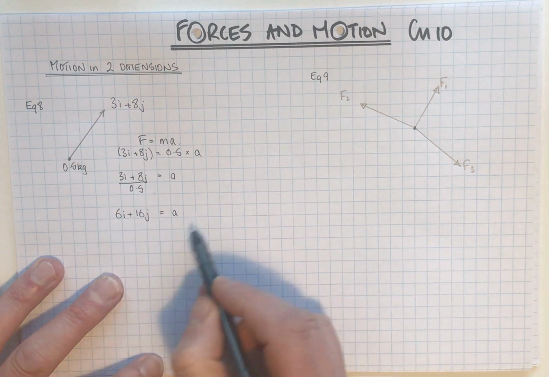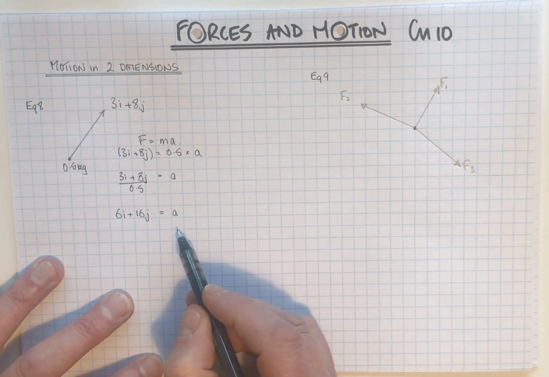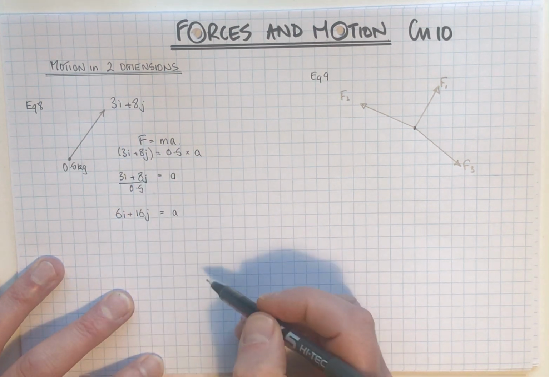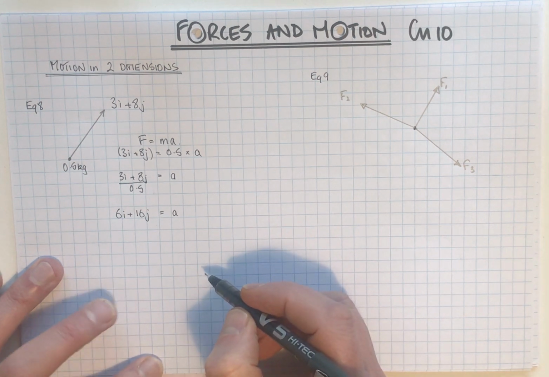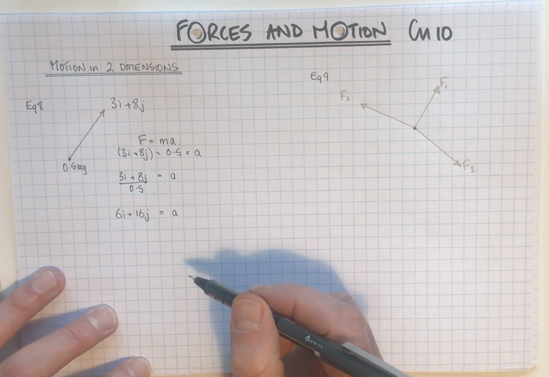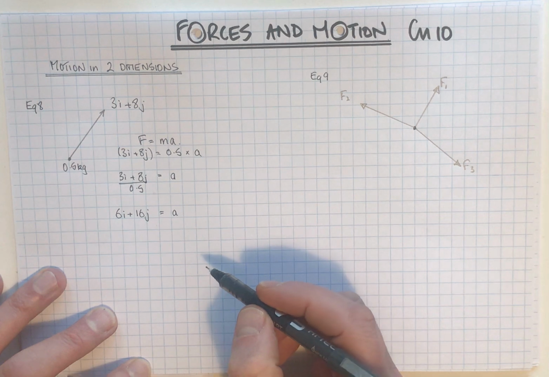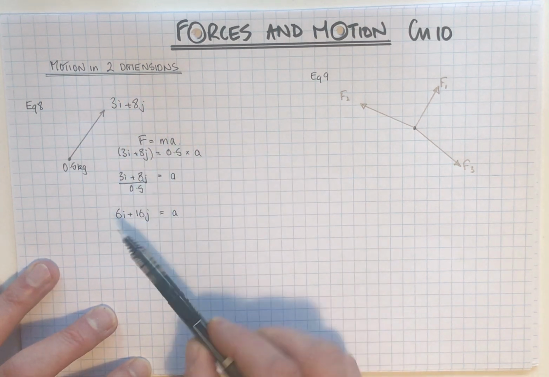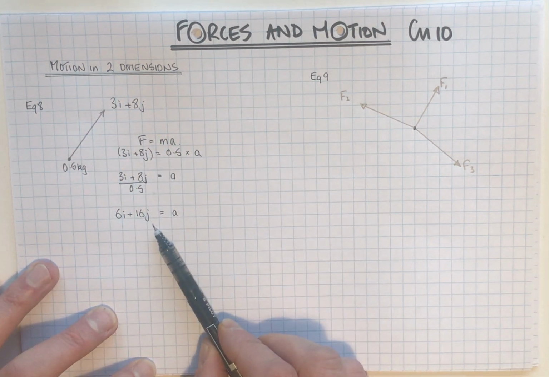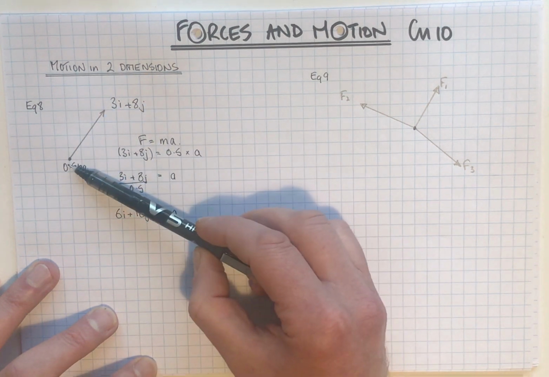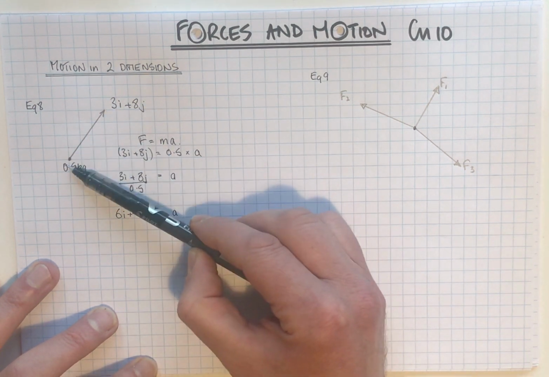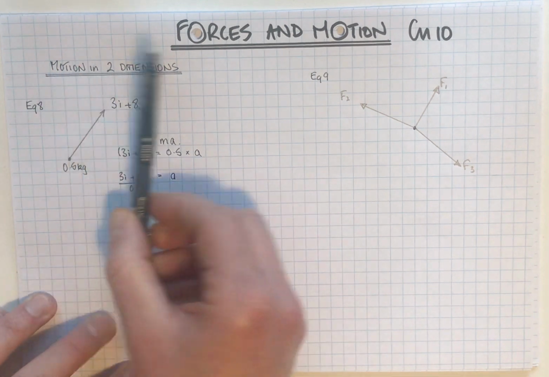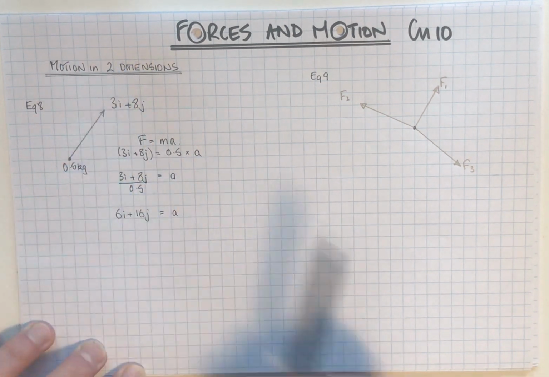So we can show acceleration in vector format as well as the forces. The second part of the question says find the magnitude and bearing of the acceleration. So now we're not representing acceleration as a vector, but we're representing it as the magnitude, the quantity of the acceleration, and the bearing. In other words, the angle from north.